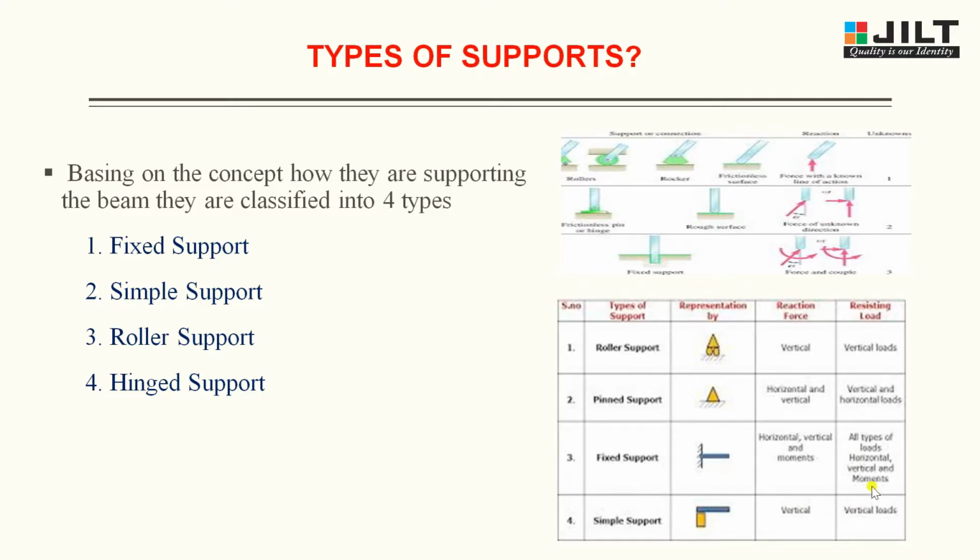Coming to fixed support, horizontal and vertical forces and also moments are the reaction forces, and it resists all types of loads: horizontal, vertical and moments. Similarly, coming to the simple support, the reaction force will be one vertical and the resisting load will be vertical loads.